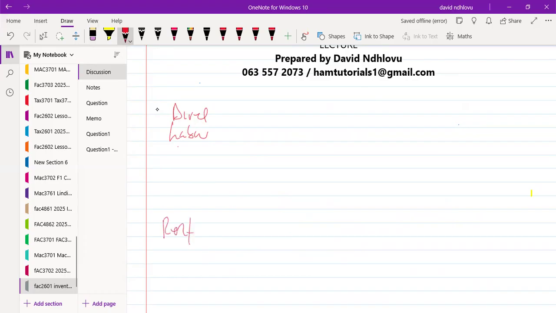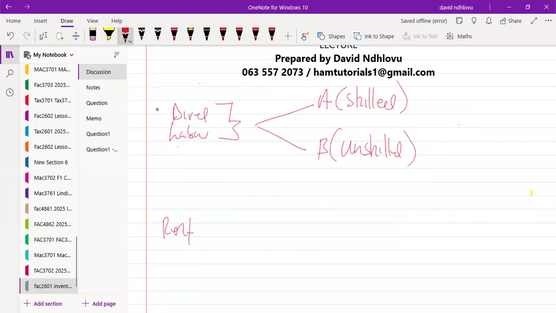Now, with the direct labor, I'm manufacturing two products, A and B. This one needs skilled laborers, and this one needs unskilled employees. If I'm incurring the direct labor cost for the skilled employees that I pay a salary to, all of that expense is attributable to product A.